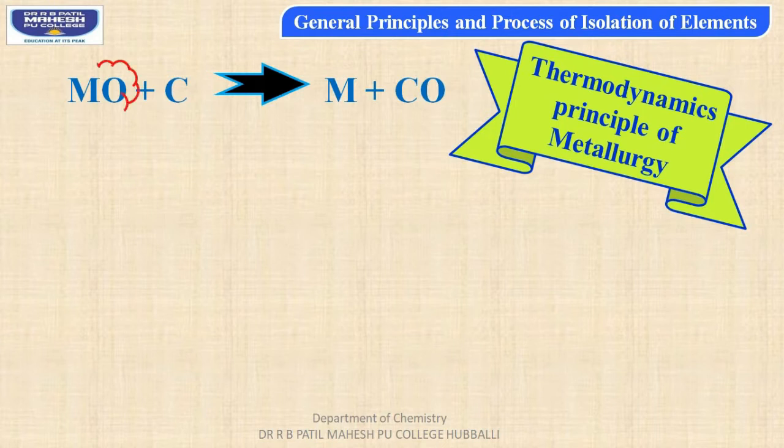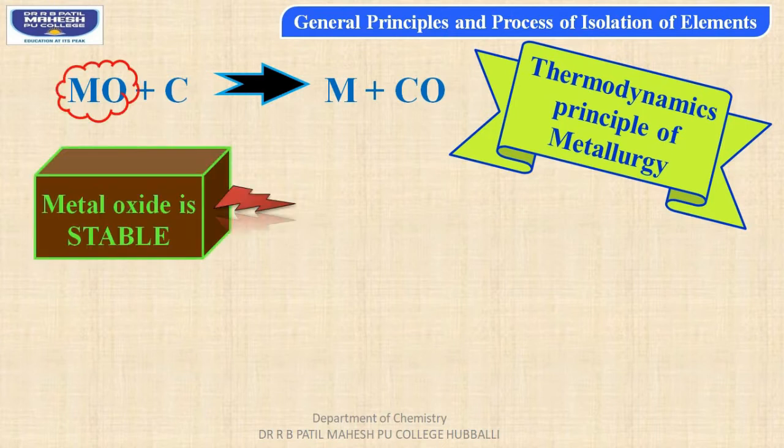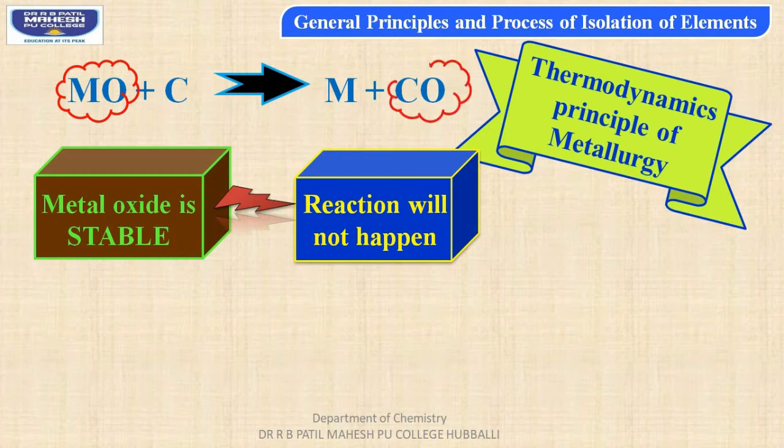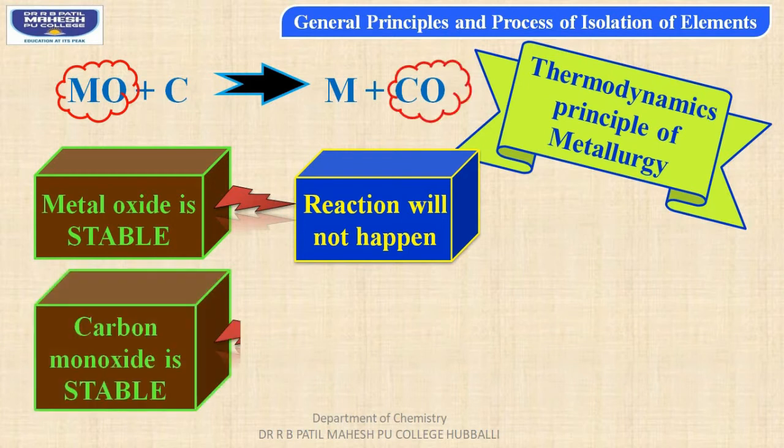In this case students, if the metallic oxide is stable, then the reaction will not happen. If the metallic oxide in the given equation is a stable one, then this reaction will never happen. Whereas students, if the carbon monoxide is a stable molecule, then the reaction will happen.